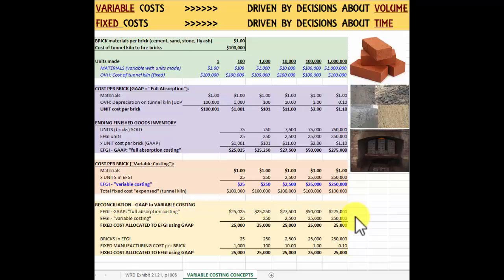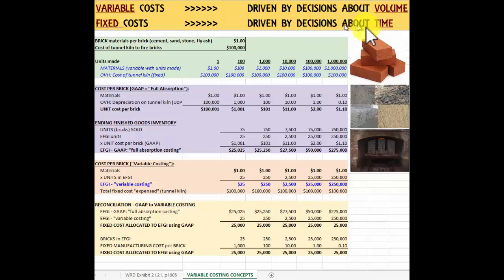So, to summarize, what's the takeaway point? Variable costing is used as an internal use only tool to segregate variable costs, which are driven by volume, from fixed costs, which are driven by time. If a manager makes a decision by volume, that manager can control variable costs.